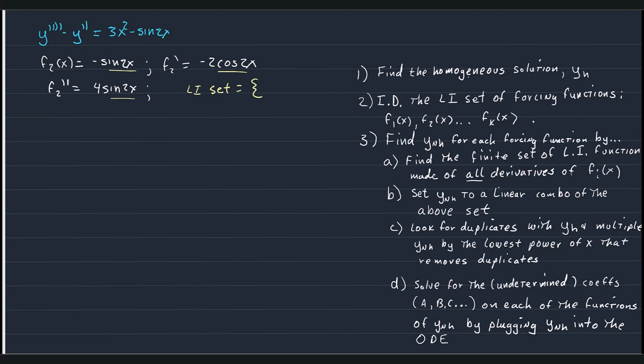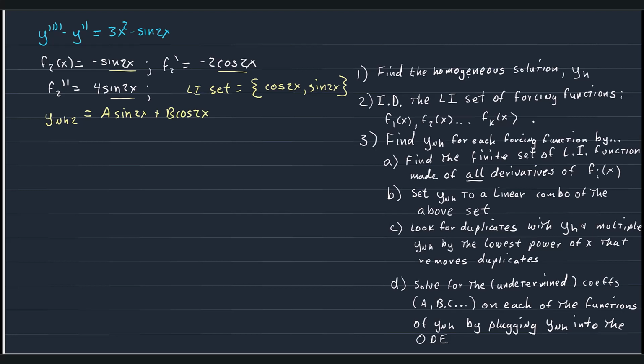So the set is equal to, well, we have a cosine 2x and a sine 2x. And so we're going to hypothesize again that our second non-homogeneous function is a linear combination, a sine 2x plus b cosine 2x.